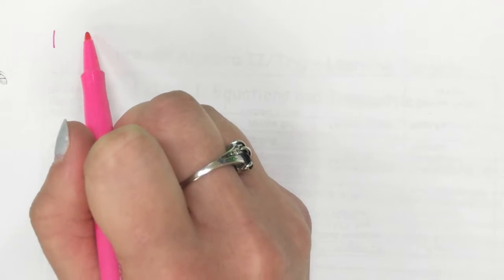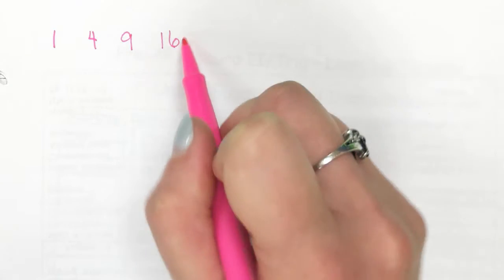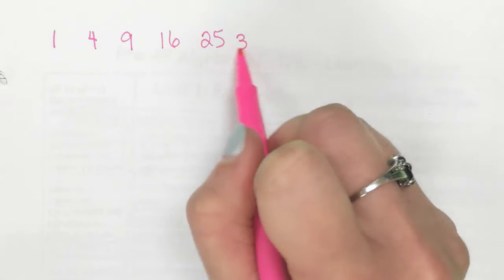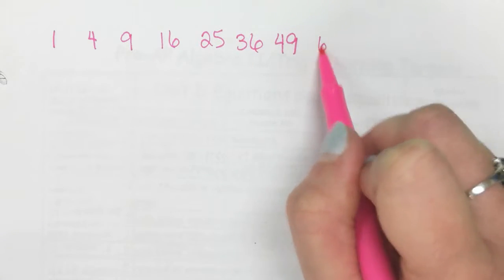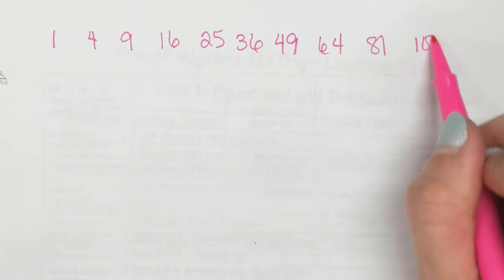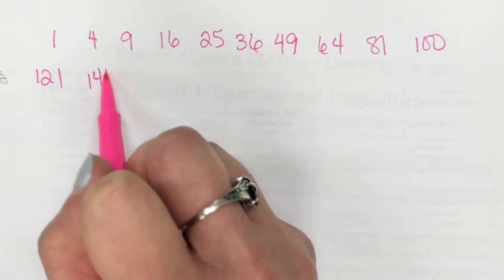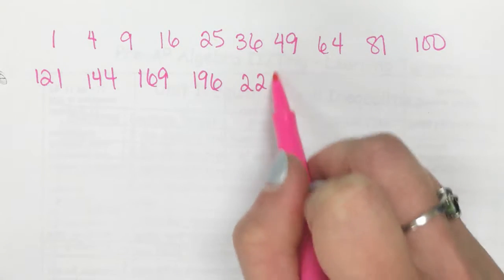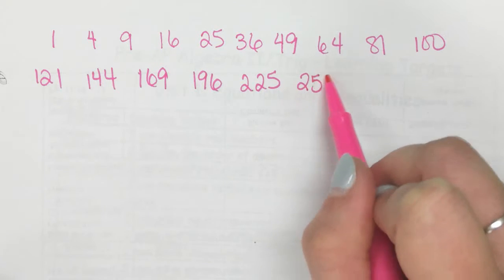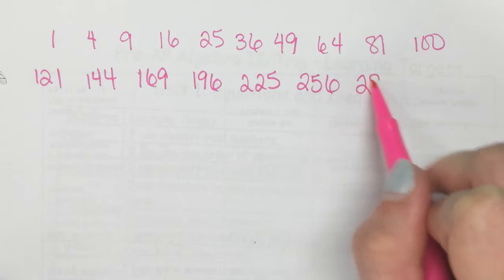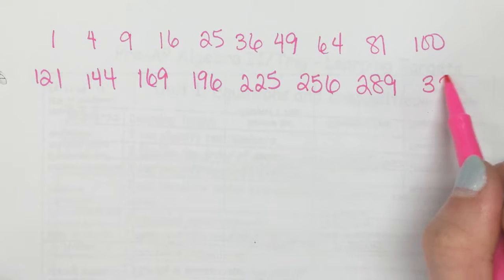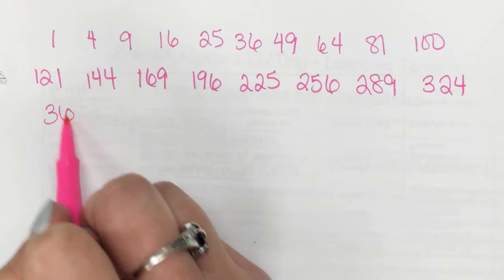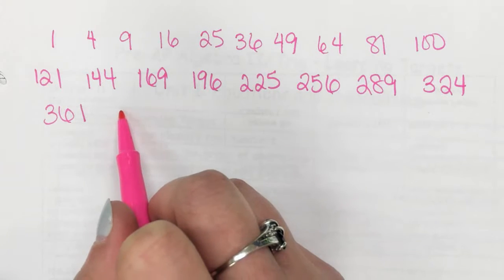All right, here we go. Perfect squares. What's the very first one to go? Oh, my gosh. Y'all are going to have to wake yourselves up today. What's the next one? 4. Keep going. 256, 289, 324, 361, 400.